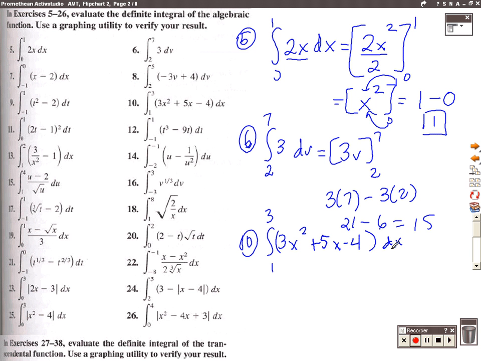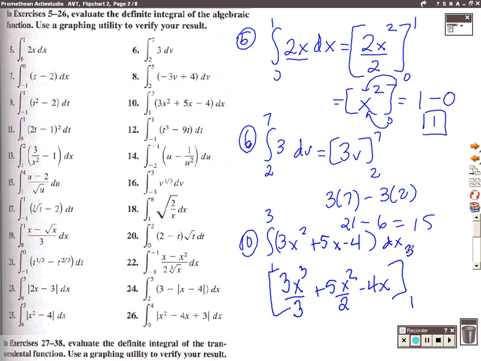We're going to integrate or find the antiderivative of each term, so we get 3x cubed over 3 plus 5x squared over 2 minus 4x evaluated from 1 to 3.